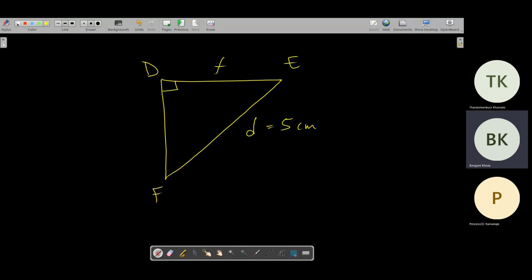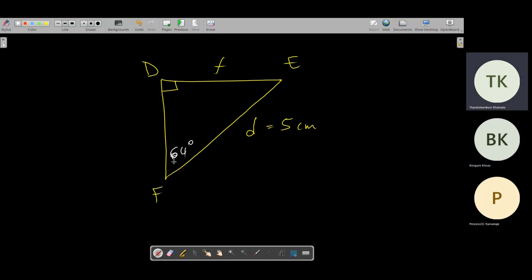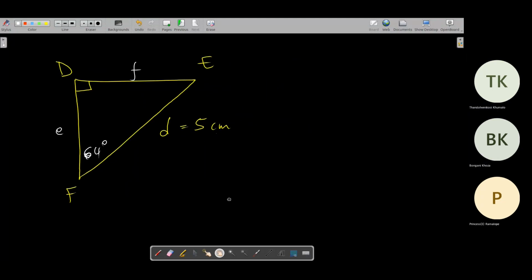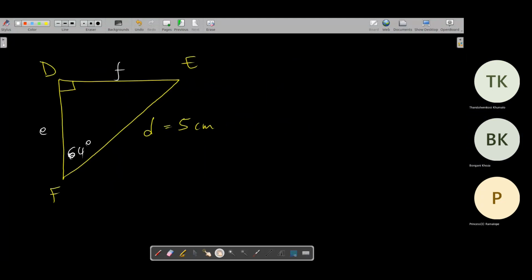Then let's have an angle over here of 64 degrees. The variables we're supposed to find are small f and small e. Use whatever method you can think of and find those, given D and 64. Let me give you some time to go through that one. Let me know when you're done.